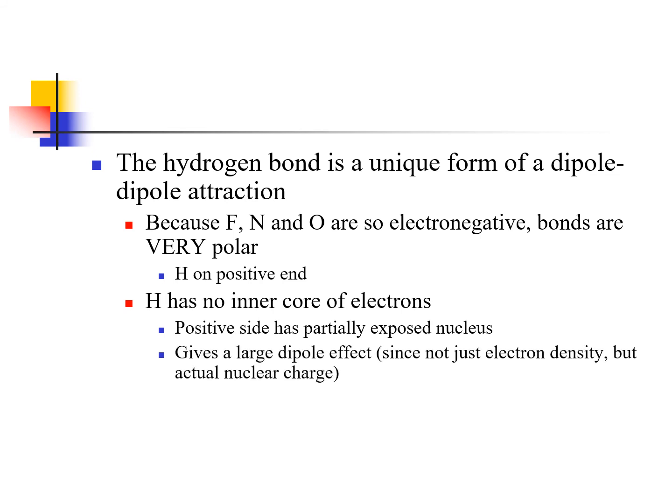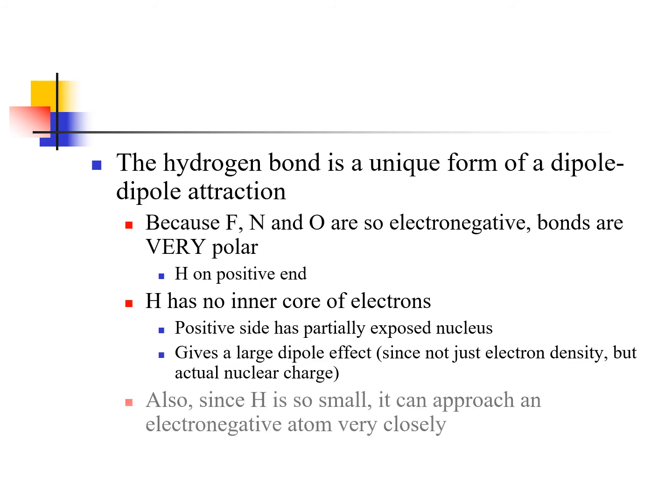So again, very large dipole effect, but very strict requirements. You need to have that hydrogen attached to a nitrogen, oxygen, or fluorine, and it's going to be attracted to the electrons on another oxygen, nitrogen, or fluorine.